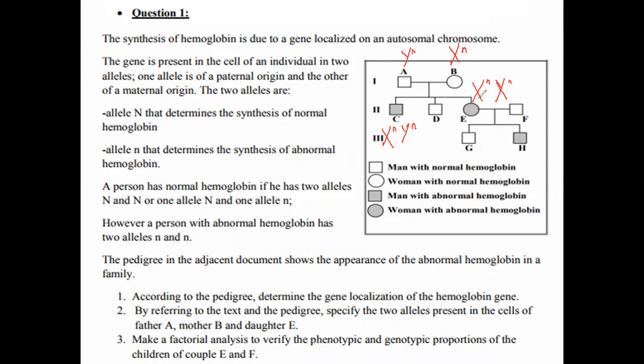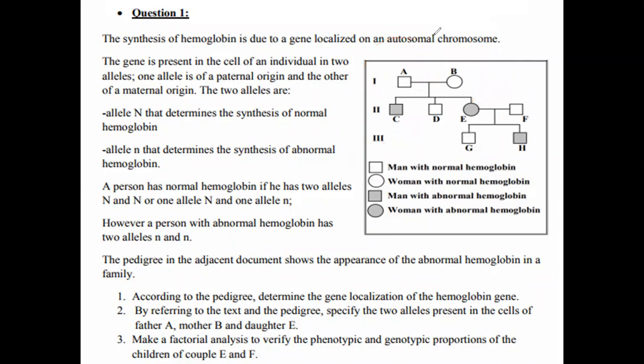And for individual E, X small from the father and X small also from the mother, which seems to be affected, but is normal, so it's not the case. From this pedigree, we can determine that the gene is located on the autosomes.